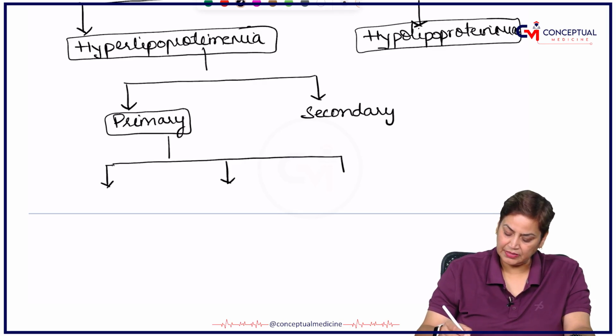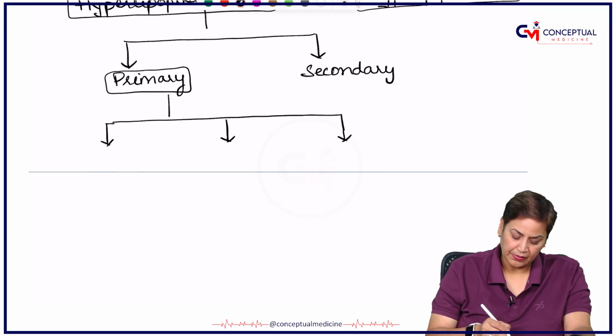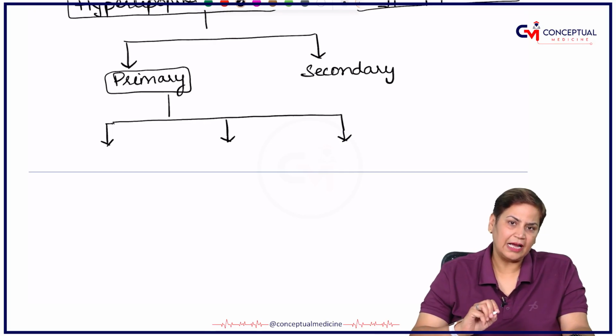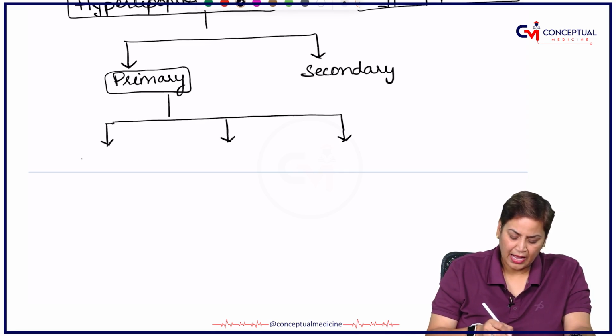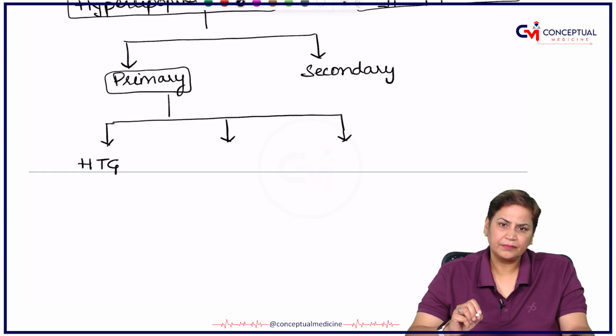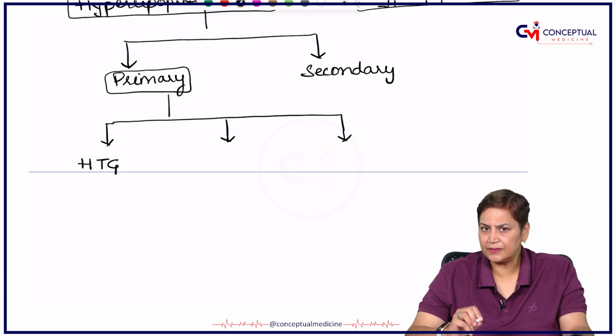So what happens here is, either there is an increase in chylomicrons, which will lead to hypertriglyceridemia, or an increase in TGs.